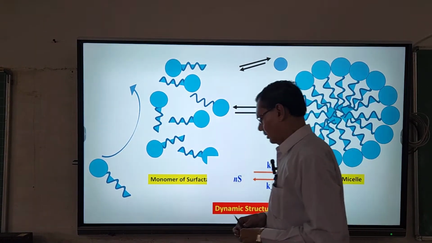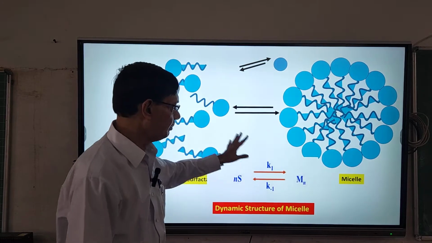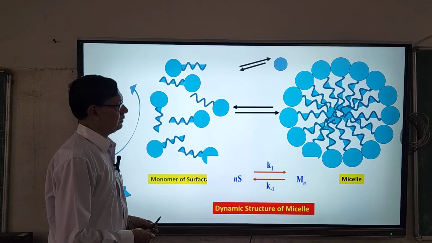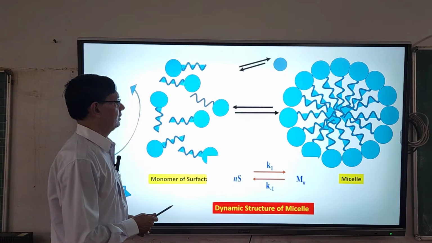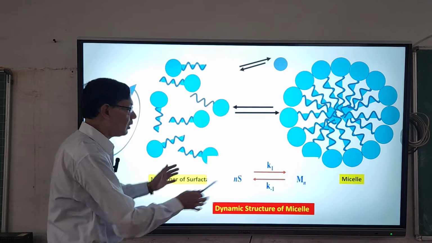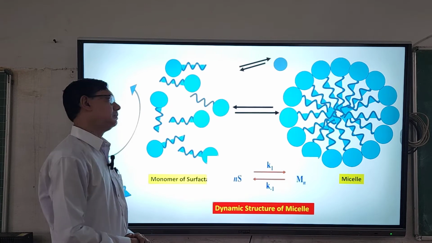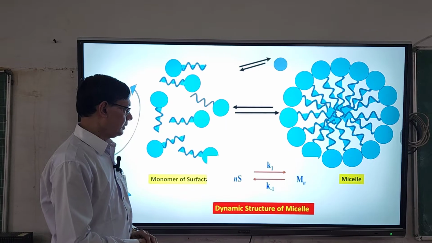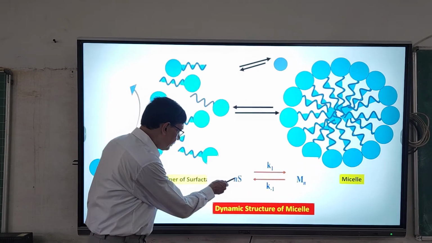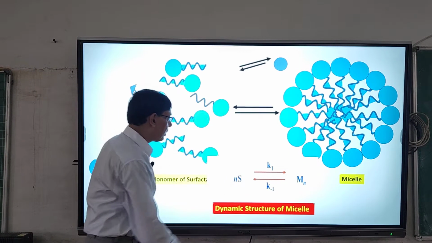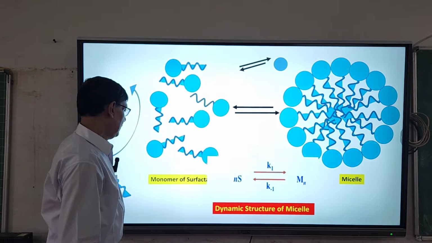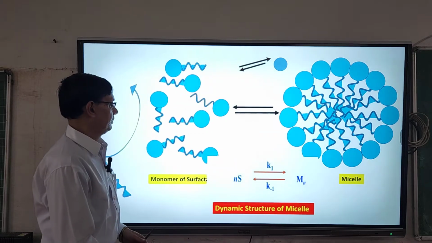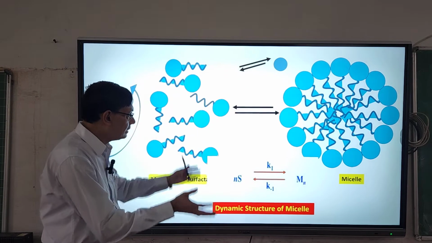Yes. Now, this is the starting point, and you are all aware of these things, and always remember that this is a dynamic process. Dynamic process means it is a very fast process, and this small n is the number of monomers, and this m is the micelle formation.